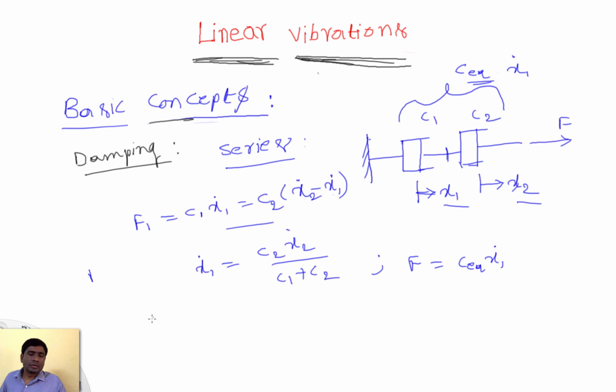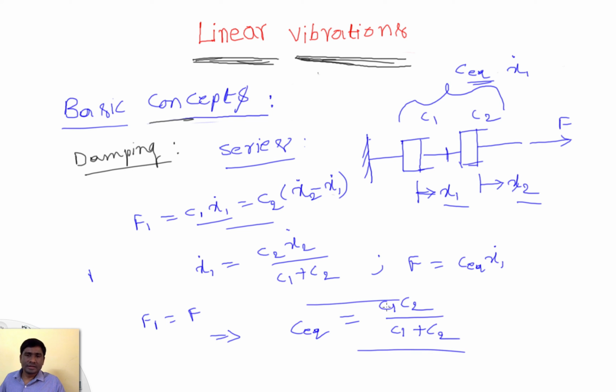So if I equate F1 equal to F, where F1 equals C1 into x1 dot, C equivalent equals C1 C2 by C1 plus C2. So this is exactly like springs in series.